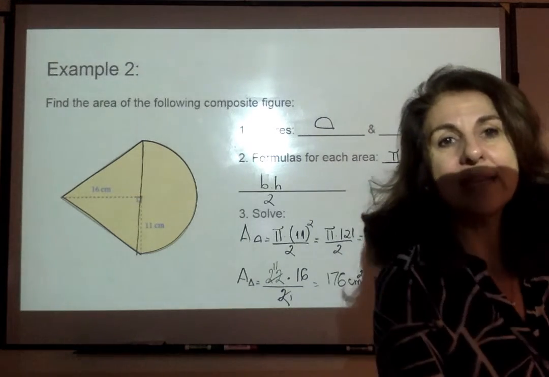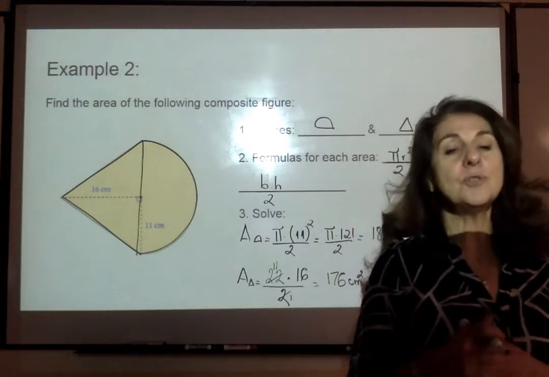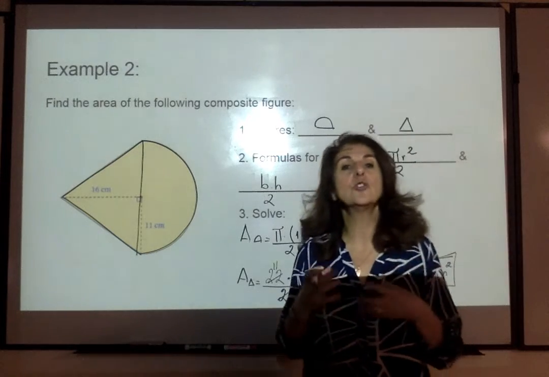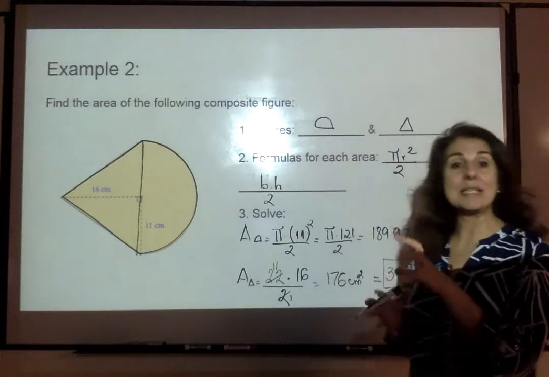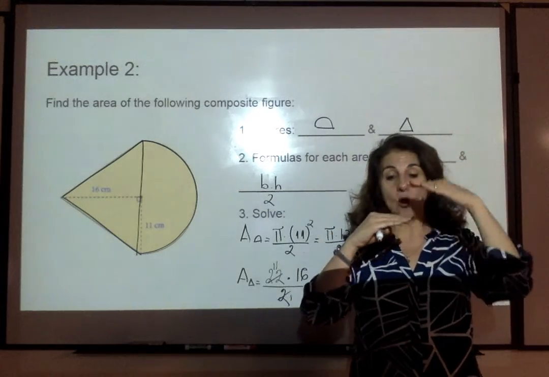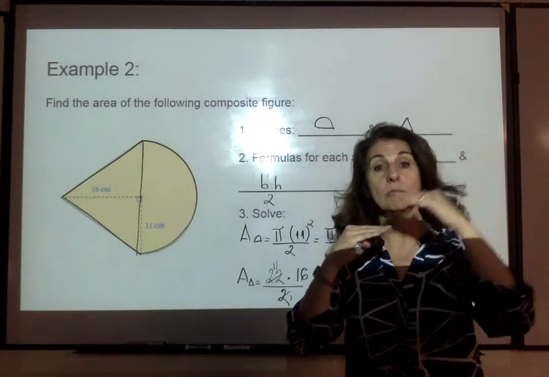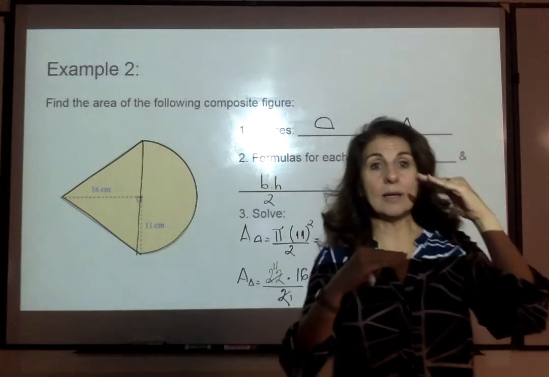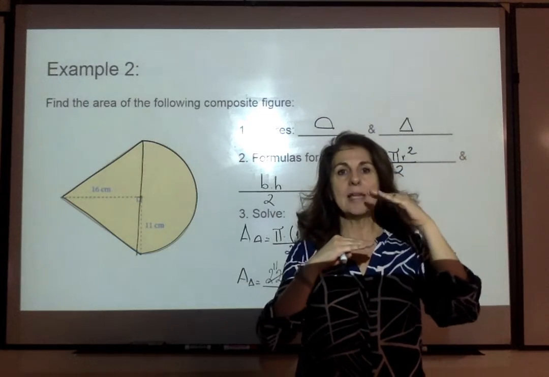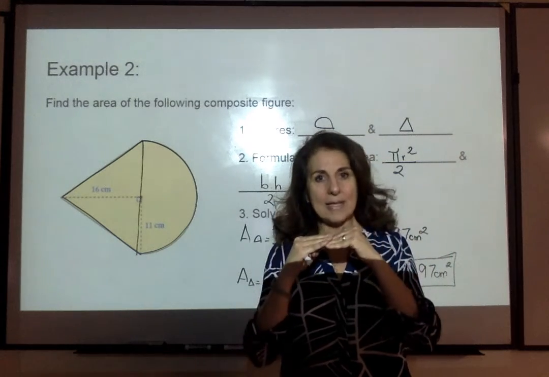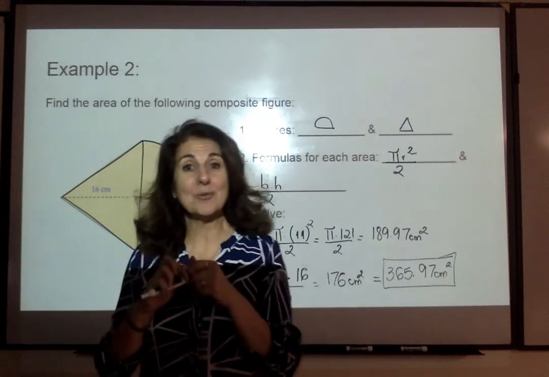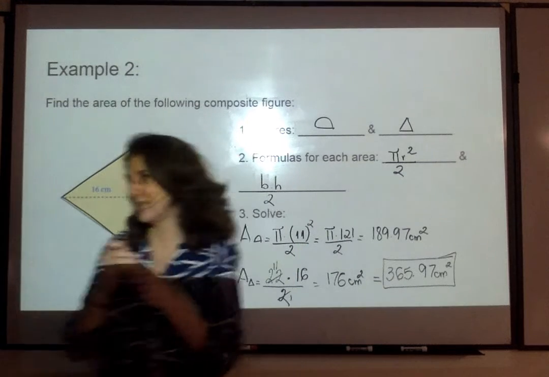We work with separate shapes, we put them together, and then we find the total area. If we have something that is overstepping or superposing one figure with the other, then we have to discount the area that is counted twice. All right? So now I'm going to assign you your homework.